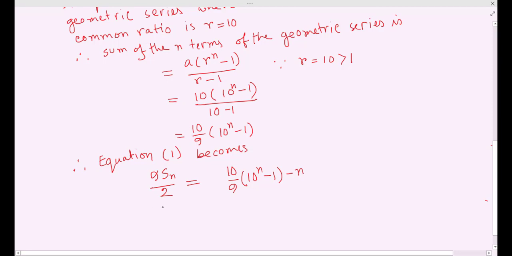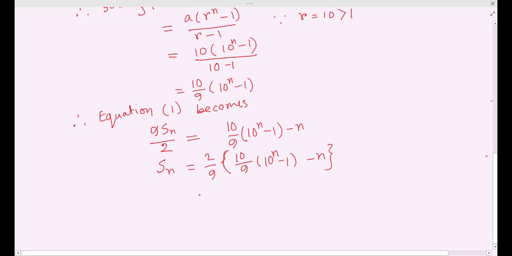So what is the value of Sn? Sn equal to 2 by 9 into 10 by 9 into 10 to the power n minus 1 minus n. Right, like this.